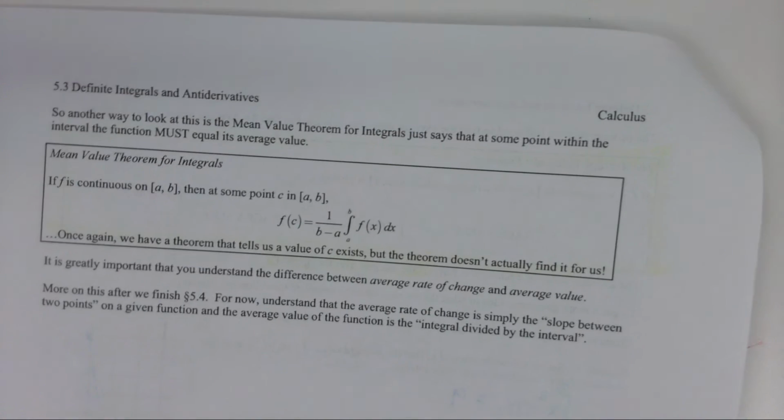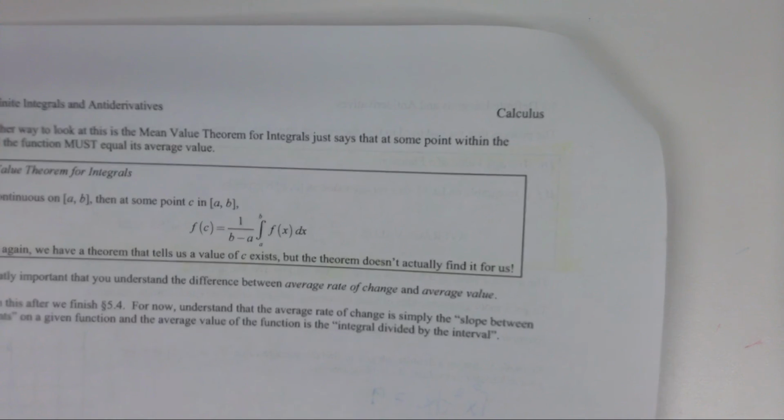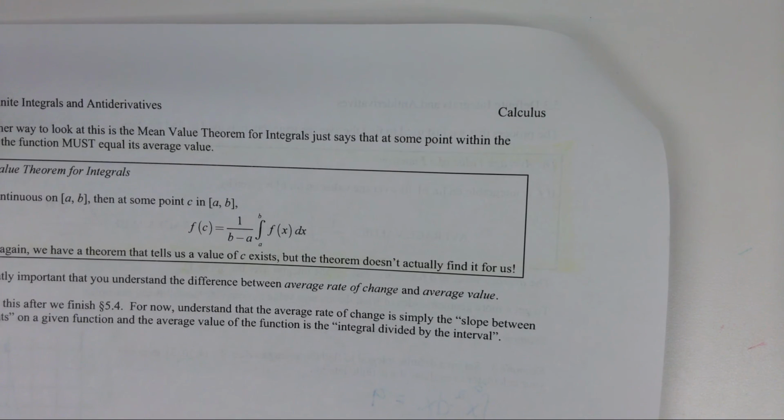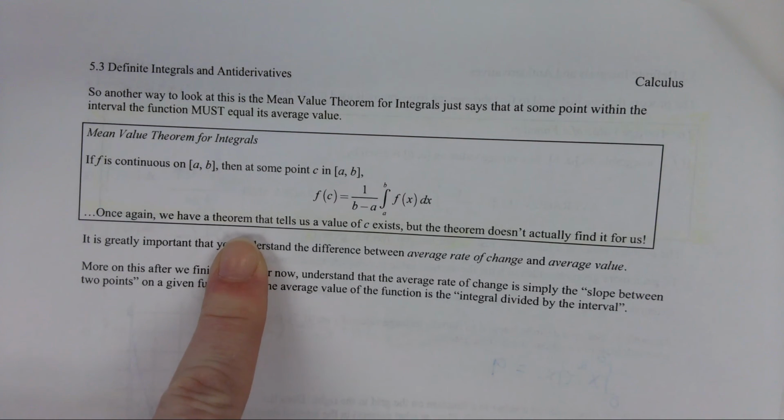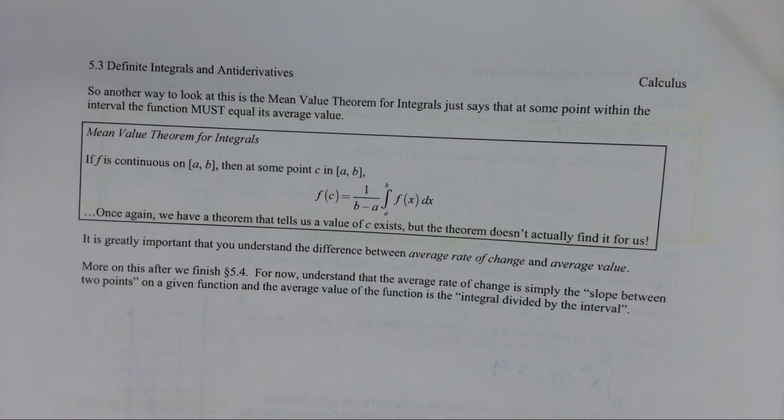Hey, you guys gotta remind me, we gotta talk about this a little more. Remember back when I said average rate of change is not a calculus thing? Be careful of that distinction between average rate of change and average value. Average value is a calculus thing. Average rate of change is just f of b minus f of a over b minus a, correct?